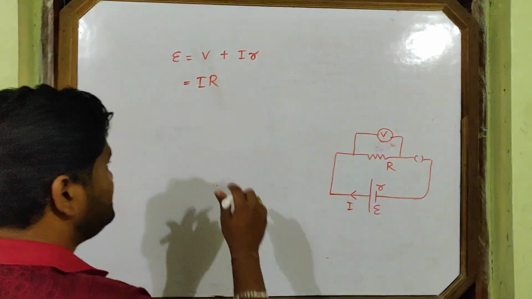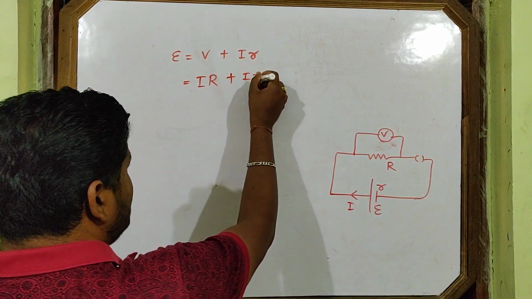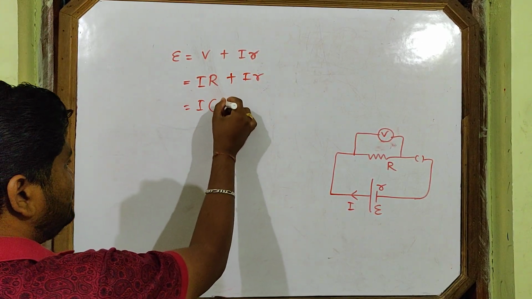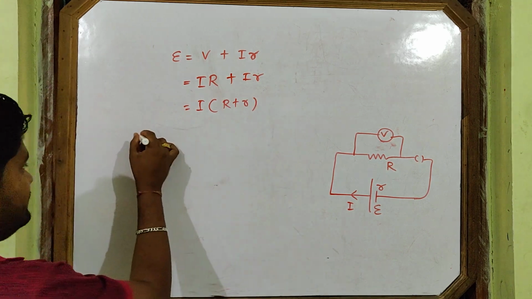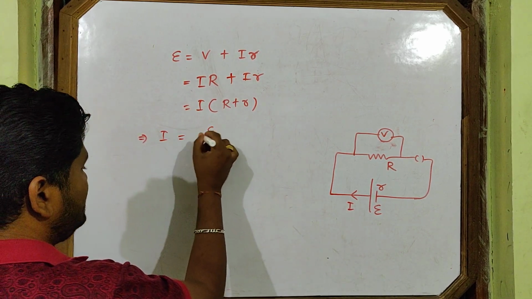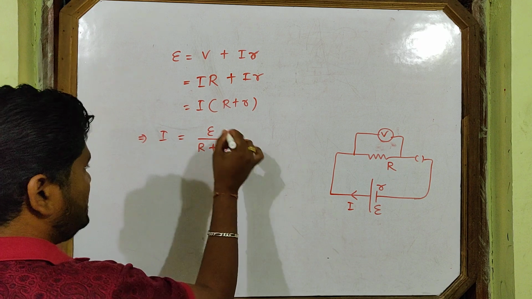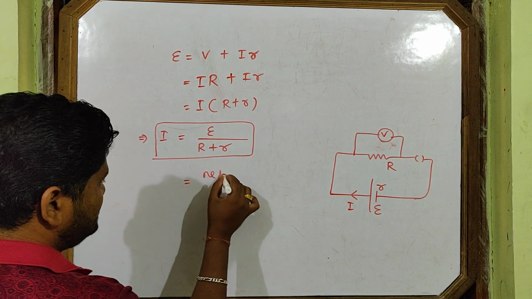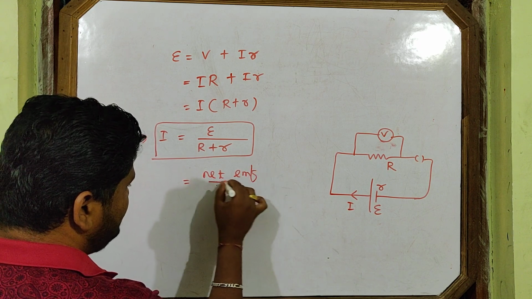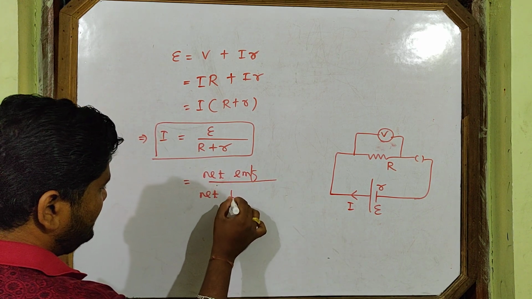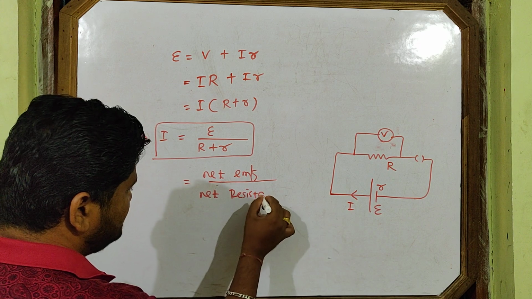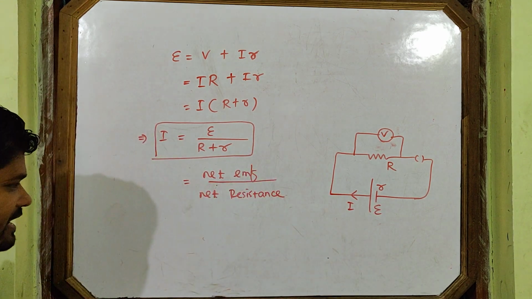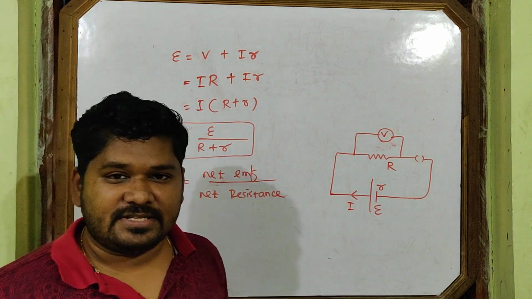E equal to IR plus Ir. Then I is equal to E by R plus r. So this one is very important, or you can write this as net EMF divided by net resistance.